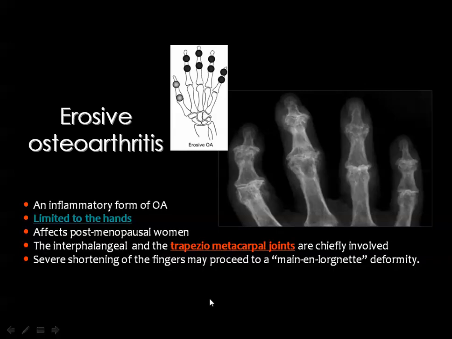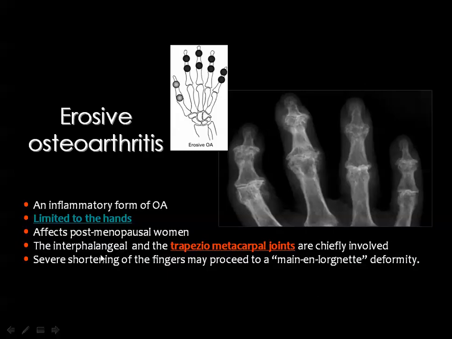This type of osteoarthritis, which is known as erosive osteoarthritis, is considered an inflammatory form of osteoarthritis, which is, as I have said, limited to the hands, and usually seen in postmenopausal women.